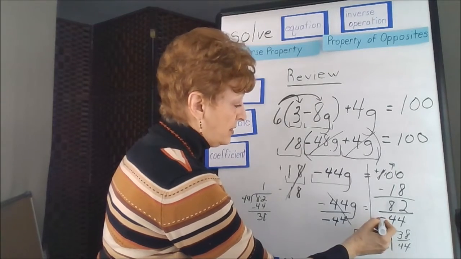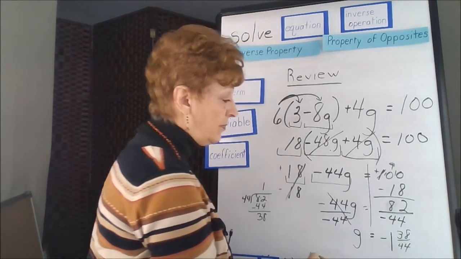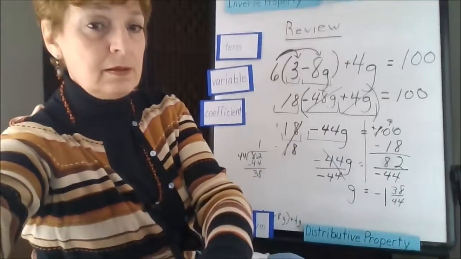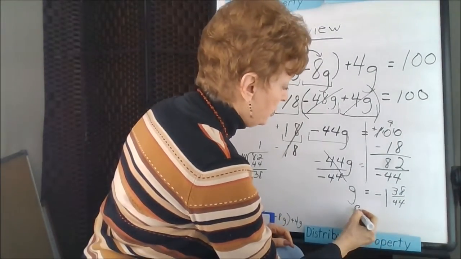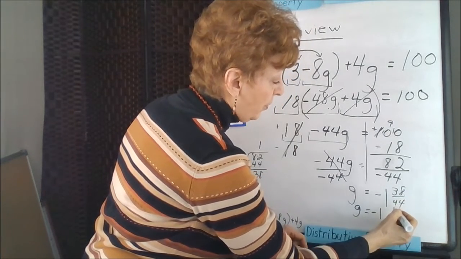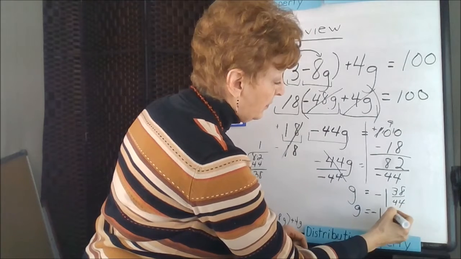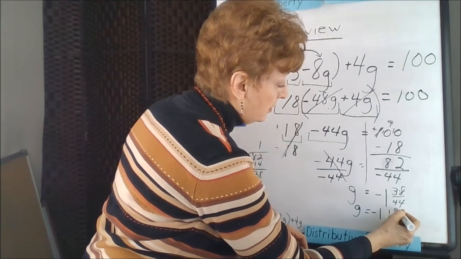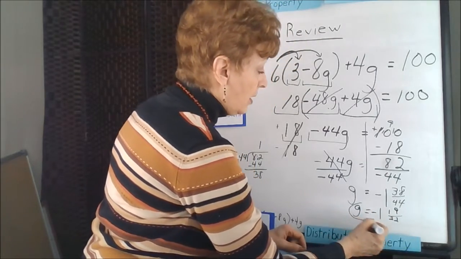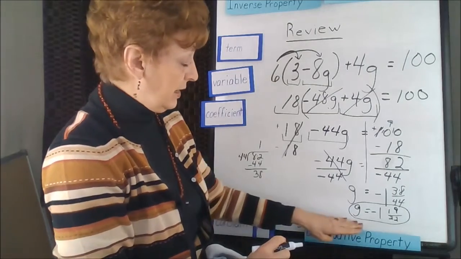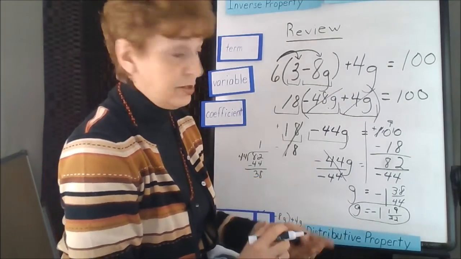I was dividing by a negative, so this is a negative number. And this can be further reduced to g is equal to negative 1. 2 will divide into both of those because they're even. 1 and 19 over 22. So our actual value of the g is negative 1 and 19/22.